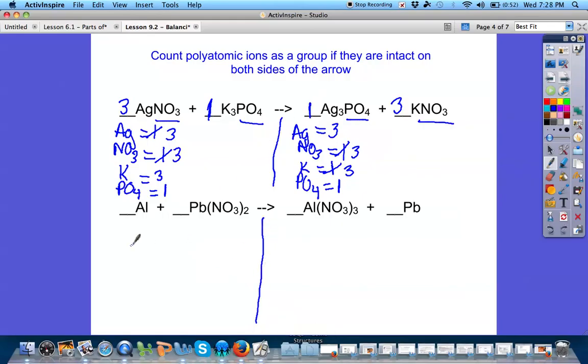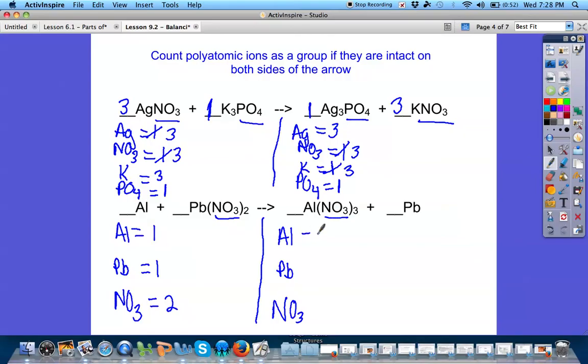In our next chemical equation, we have aluminum, we have lead, and we have nitrate. Well, nitrate is on both sides, so we can count that as 1. So we have 1 aluminum, 1 lead, and 2 nitrate.